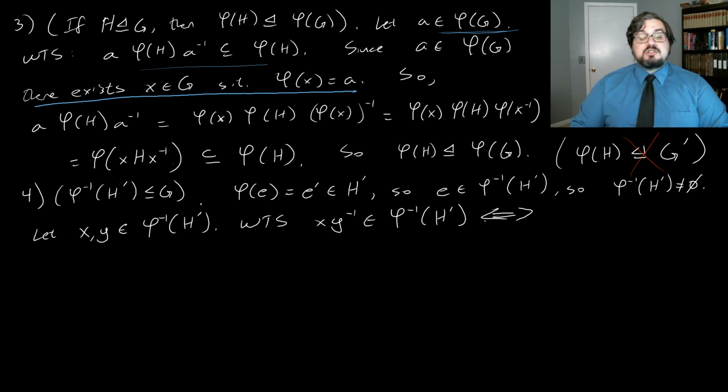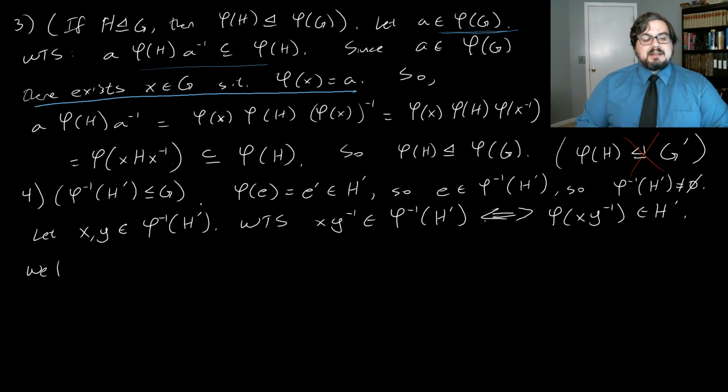So showing that X times Y inverse is in phi inverse of H prime is the same as showing that phi of XY inverse belongs to H prime, which is how we're going to go about proving this. If you want to show that something's in the pre-image of a set, then apply the homomorphism to that element and show that it lies in the set that you were considering before.